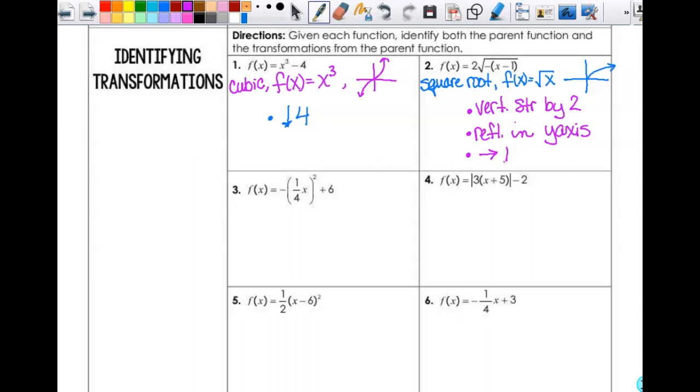All right. So let's do 3. This is a quadratic. Okay, good. F of x equals x squared. And then what does your quadratic look like? Yep, it's just a parabola.